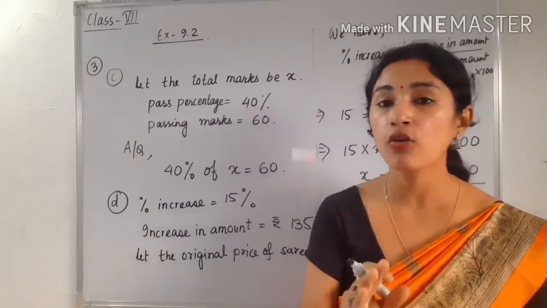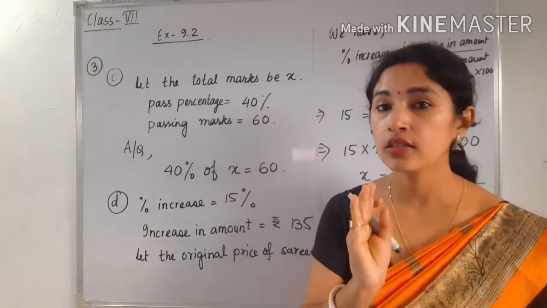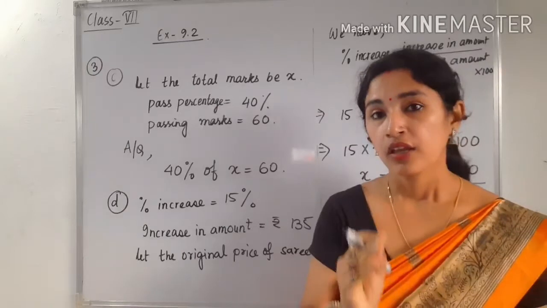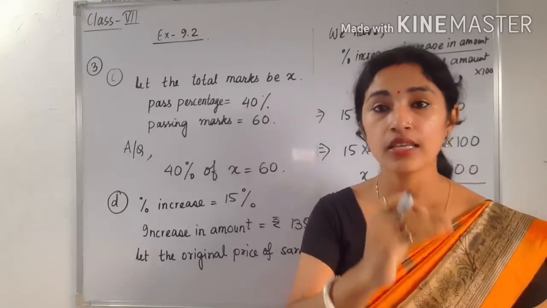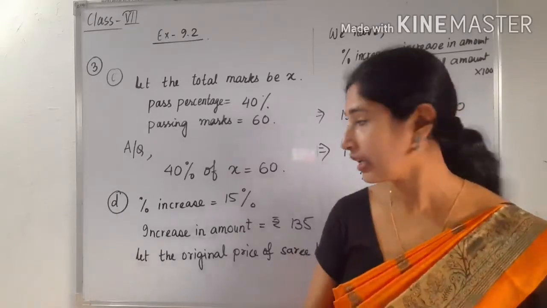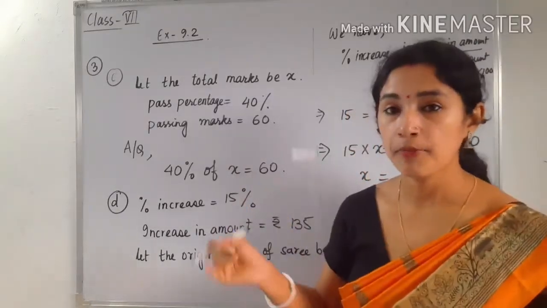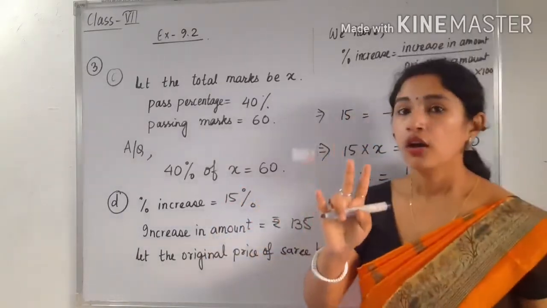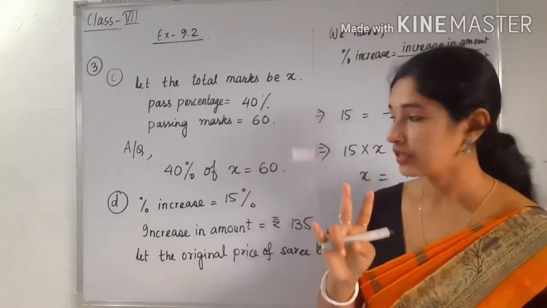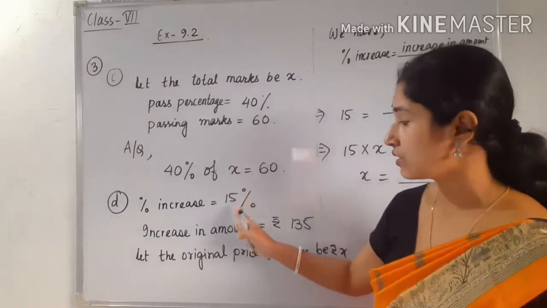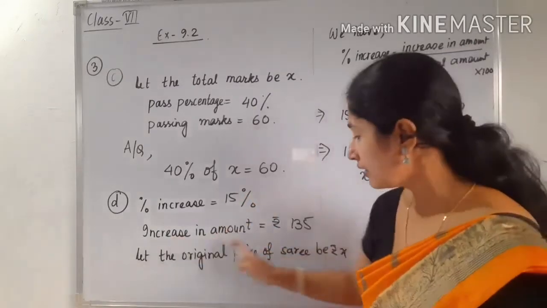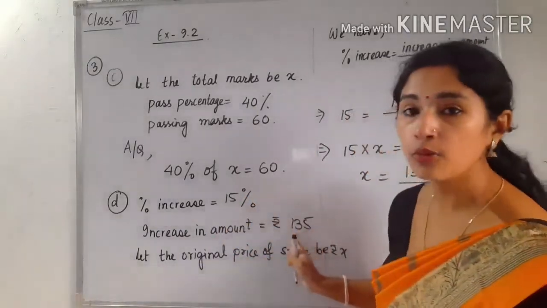This is the amount which is increased, this is the money. Similarly, the increase in percentage is also given, that is 15%. So you have to distinguish the two things here. This is the increase in terms of percentage, and this is the increase in terms of money.